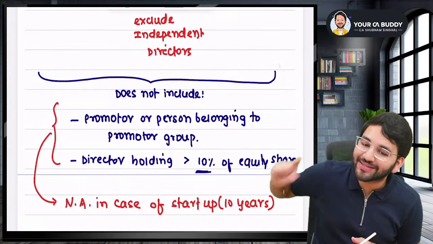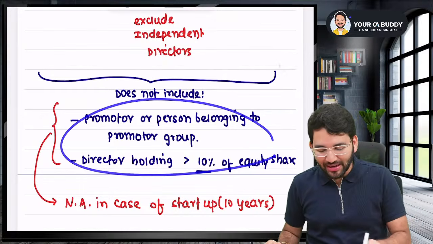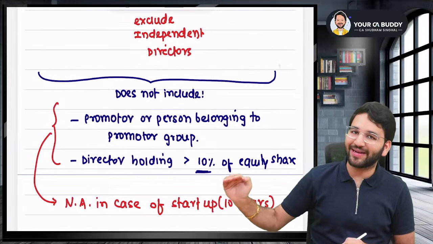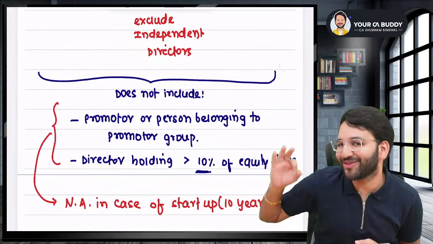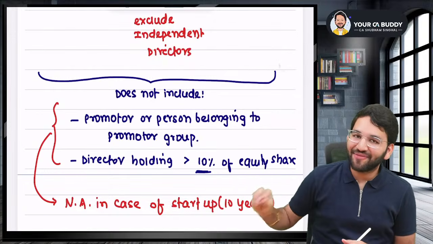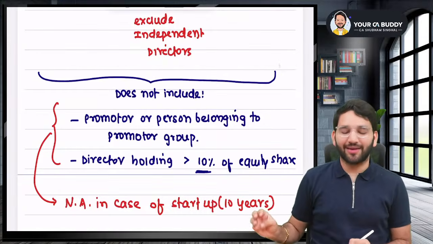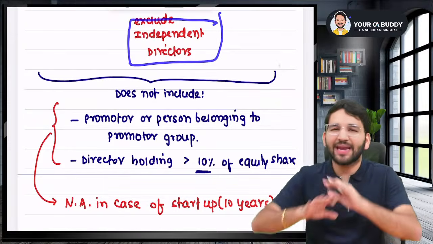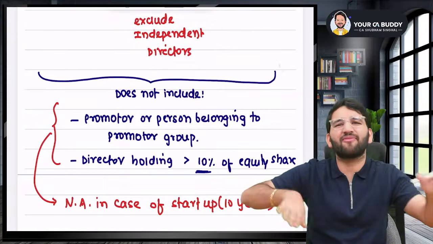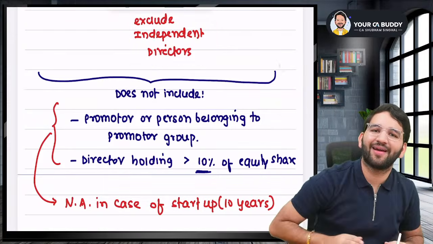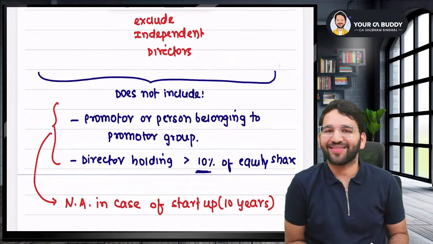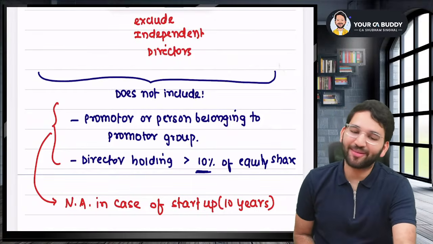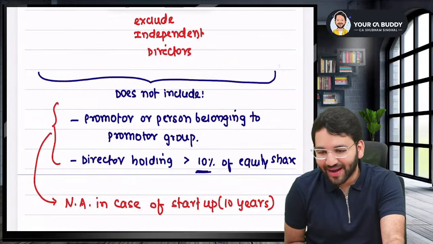However, if you're a startup company in the first 10 years, you can give ESOPs to a promoter or director. But however, listen to me very carefully. Sir, even if you are a startup in the first 10 years, you can still not give ESOPs to independent directors. Independent directors can never, ever get ESOPs. Are you with me?